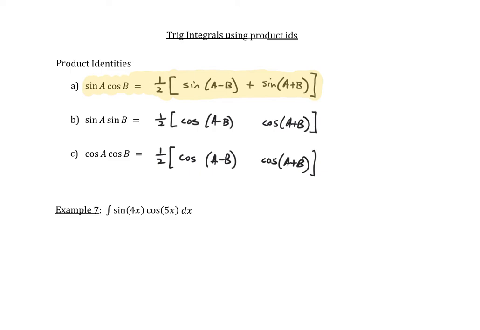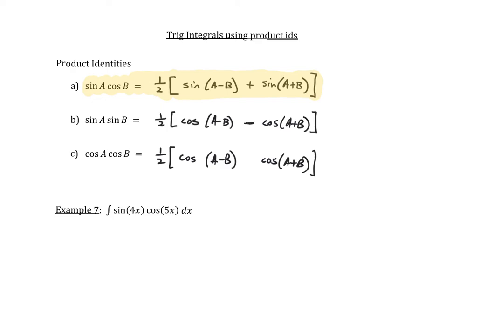So you might be asking yourself, well, these guys basically have the same shapes. What's the difference between the product of two sines and the product of two cosines? The difference is the addition or subtraction in the middle here. When you have the product of two sines together, there's going to be a minus between them.